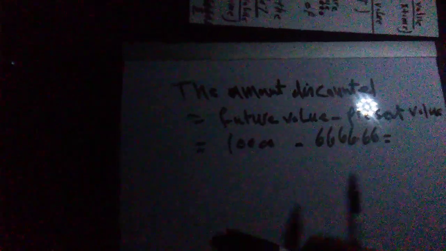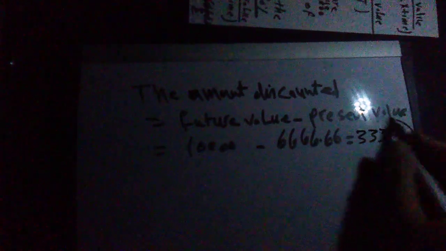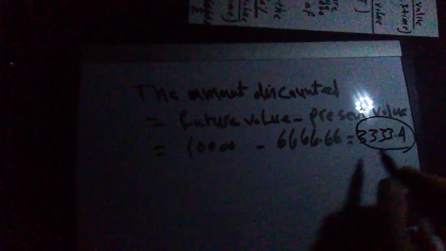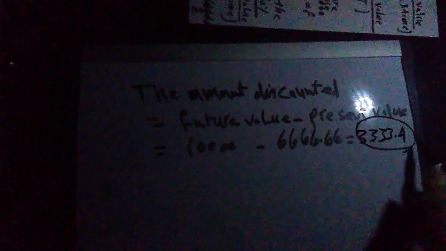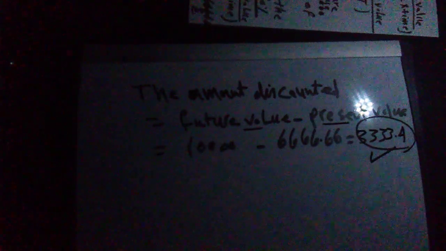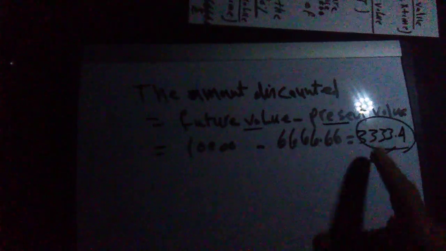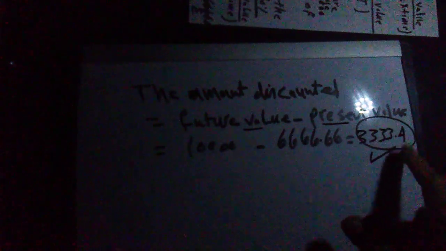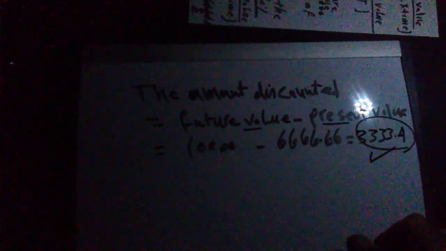When we do that, it equals $3,333.4. This is the amount of discount, meaning how much of a discount you get if you buy it right now. So the future value minus the present value tells you how much less you will pay if you buy it right away: $3,333.4.